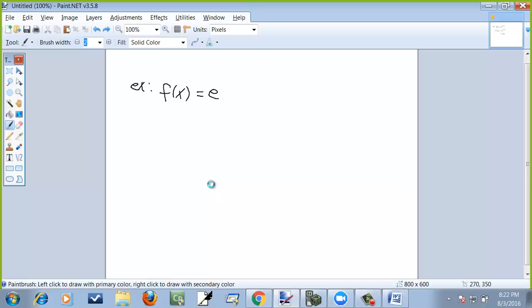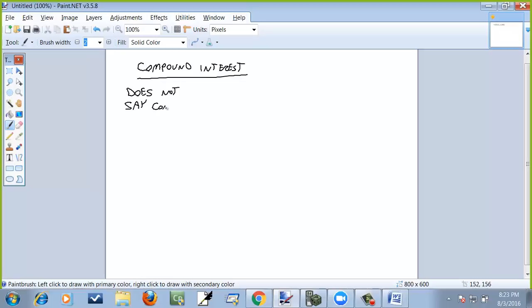Now we have compound interest formulas that deal with exponential functions. For our compound interest, you've got two types. The first one does not say continuous.